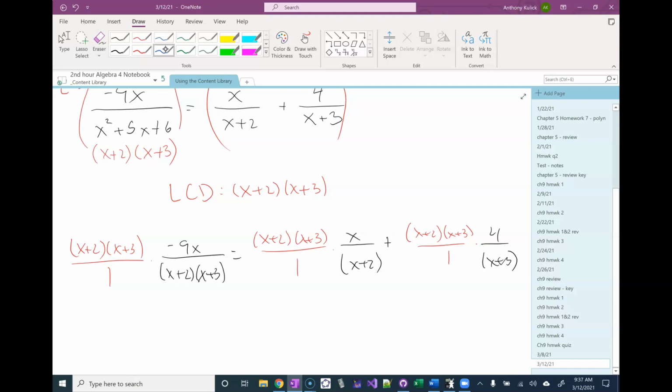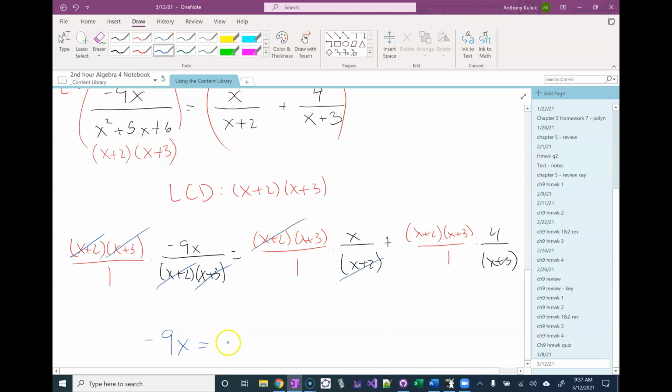So now I'm going to do these multiplications. But really, I'm just going to be reducing, right? The point of multiplying by the LCD is so that there's a lot of reducing that we can do. When I multiply that first pair together, I just get negative 9x.